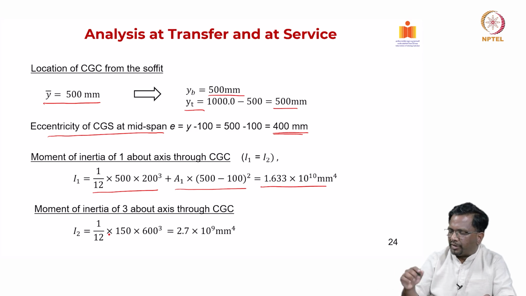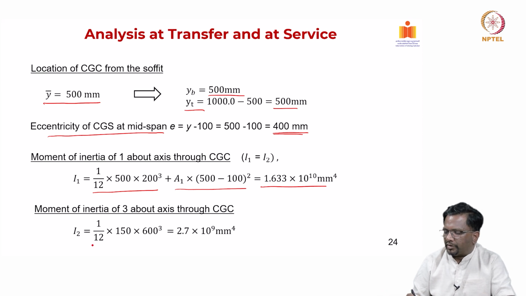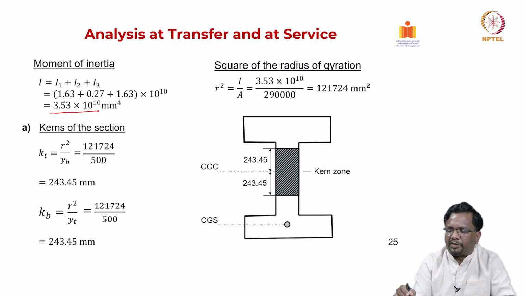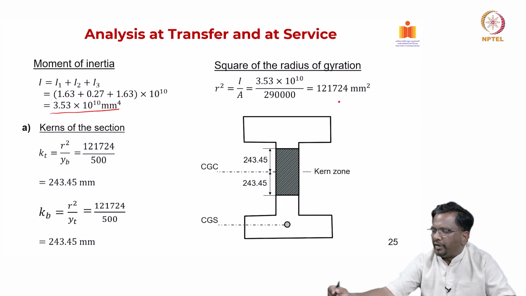I2 is basically, as per the parallel axis theorem, the centroidal axis of the whole system and the middle rectangle are one and the same, so that term will become 0. So, this is just BD cubed by 12, and you get this value. The overall moment of inertia, which is I1 plus I2 plus I3, is 3.53 into 10 to the power of 10, and the radius of gyration is the square root of I by A.